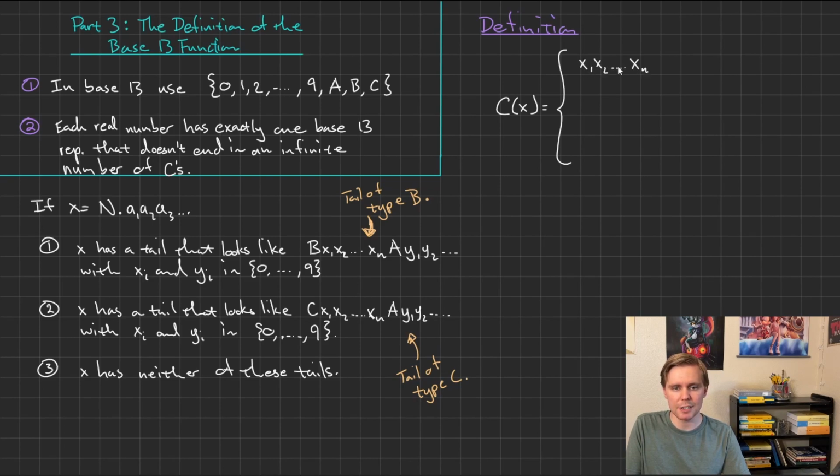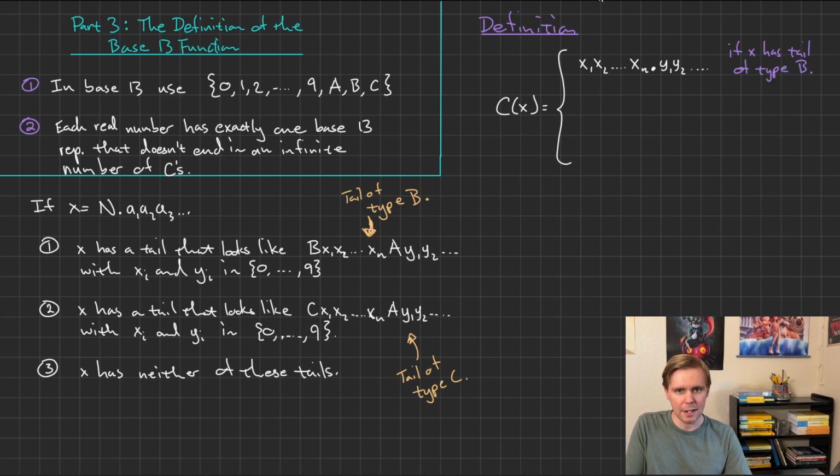Again, each of these x's are digits. This is the integer part. Now I'm going to have a decimal point, so point. And then I'm going to use all of these ones, y1, y2, and so on. This is if x has a tail of type B.